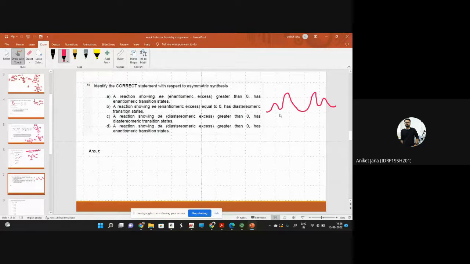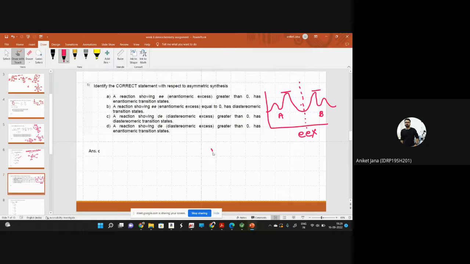Let's suppose it is transition state A and this is transition state B. If we put a mirror between them, one transition state will be the perfect mirror image of the other. If they are equal in energy, then both isomers will be formed in equal amounts, so there will be no enantiomeric excess, right?